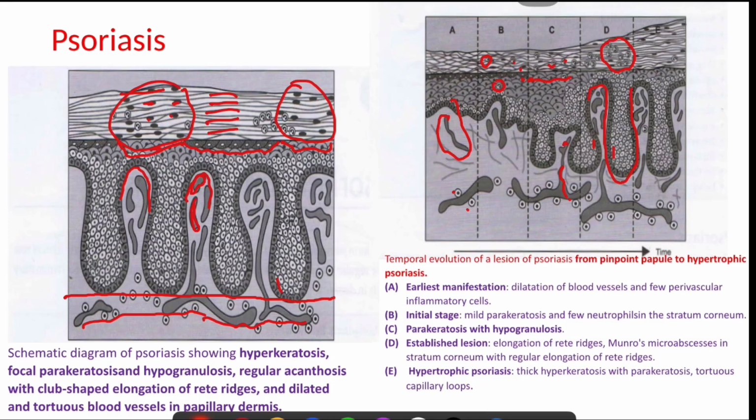And last is hypertrophic psoriasis, where there is a thick hyperkeratotic corneal layer along with parakeratosis and tortuous capillary loops in the papillary dermis, elongation of rete ridges, and absence of the granular layer. So it is hypogranulosis.